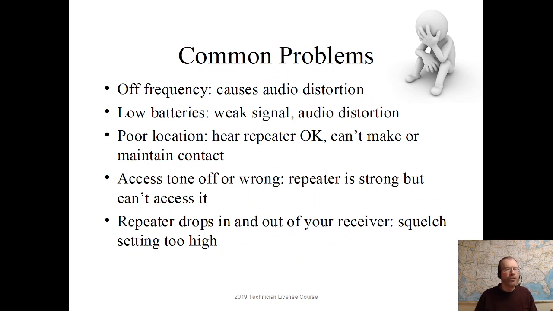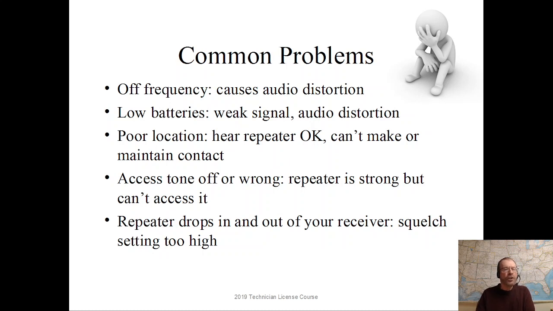Common problems that you can run into when you're using a repeater: you might be off frequency, and this is sometimes shown by some audio distortion. Also, if the audio is getting distorted, you get a bad signal report. You might have a low battery.